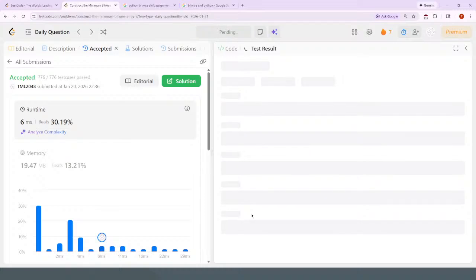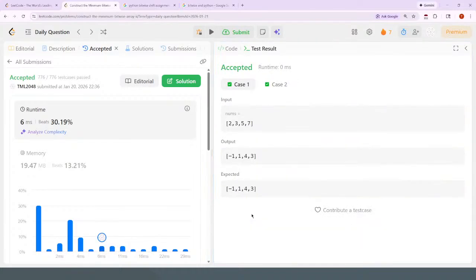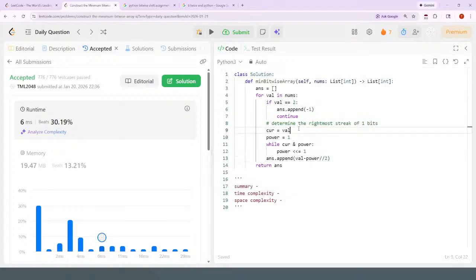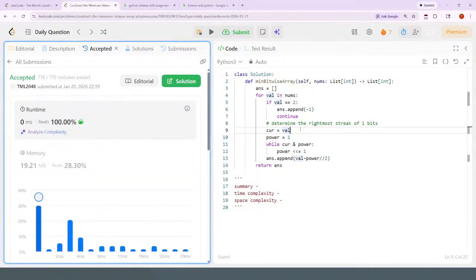This might be right. It's a little more bitwise shifting. It's probably not going to be fast enough, right? Oh, it is fast enough. Okay. Interesting.